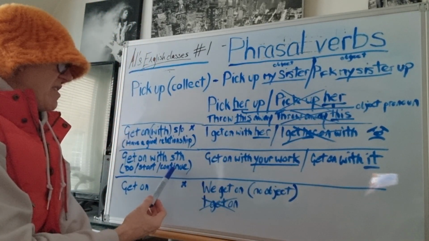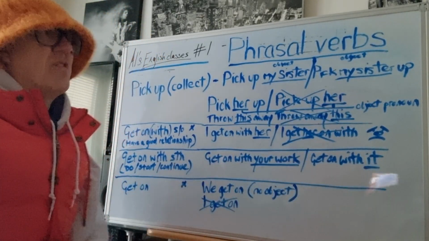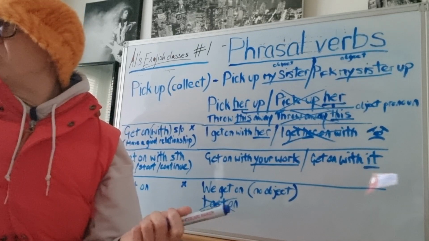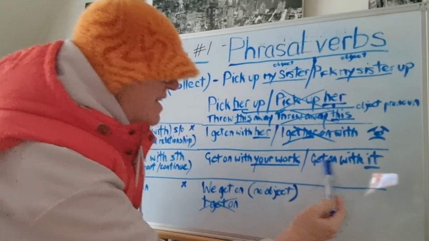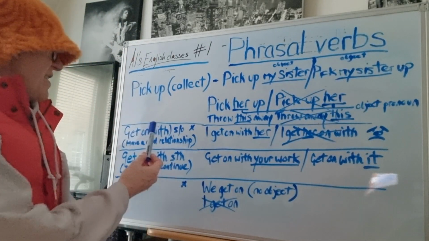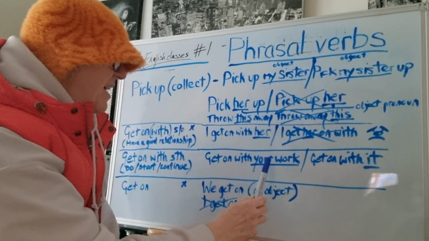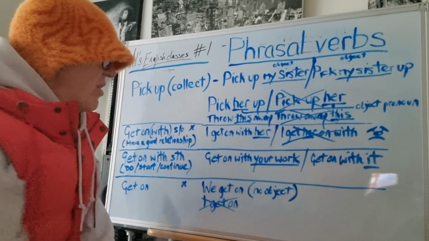Probably in this case means continue. Get on with it, start or continue. For example, is everybody here? Okay, good. Let's get on with it. Let's start. Okay? Different meaning. Again, though, the object is always at the end, after the second particle.